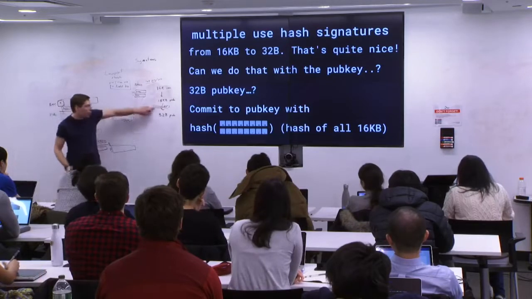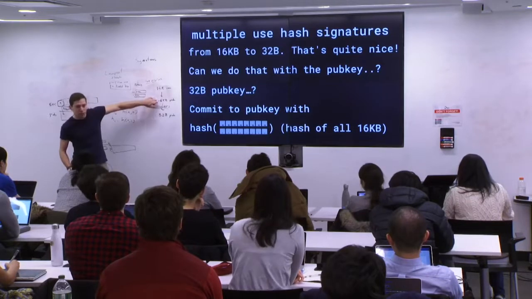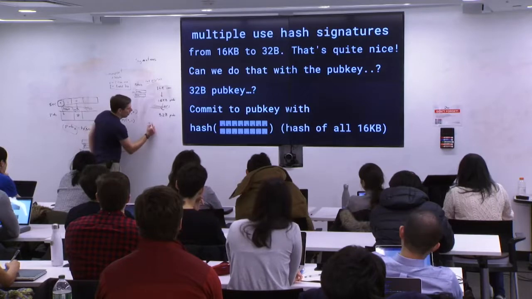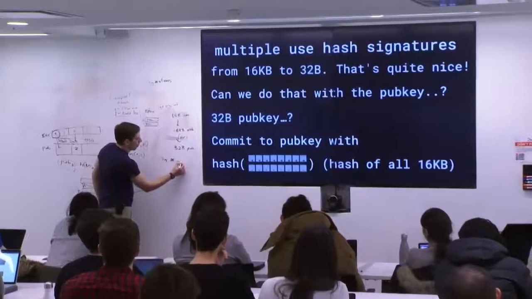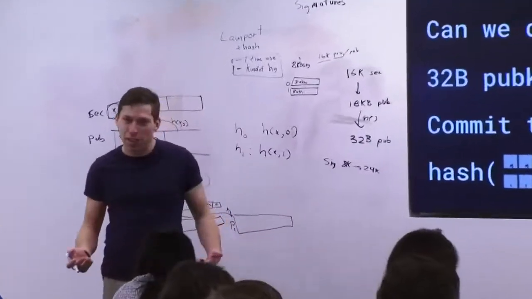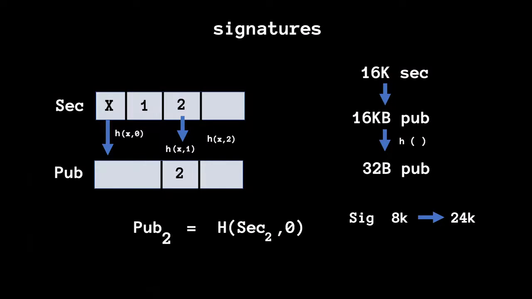In order for you to verify, I need to provide this whole original version of the pub key when I sign. So now my signature goes from 8K to 24K. So I haven't really made it more efficient, right? The total of public keys and signatures stays the same size, actually slightly larger.